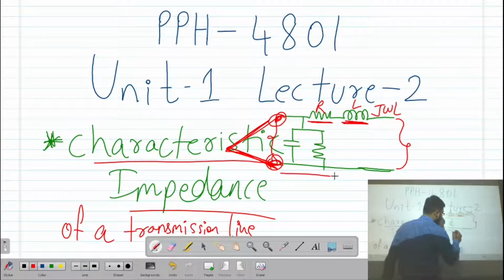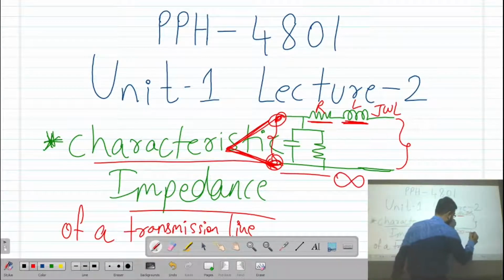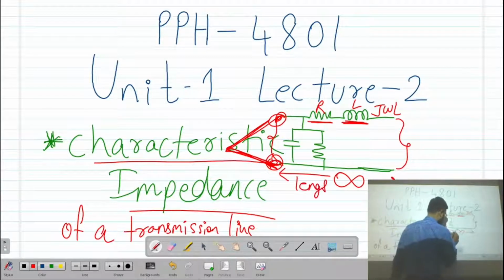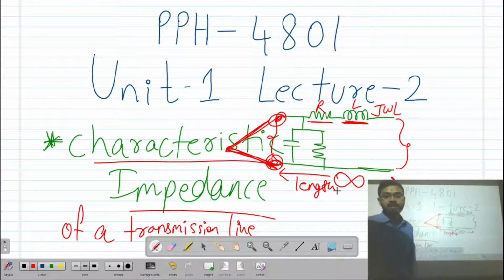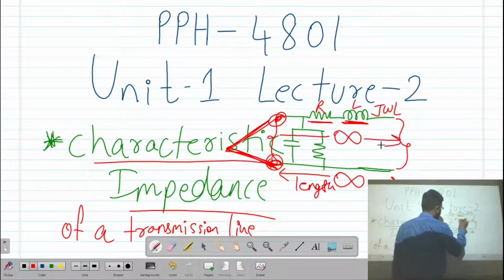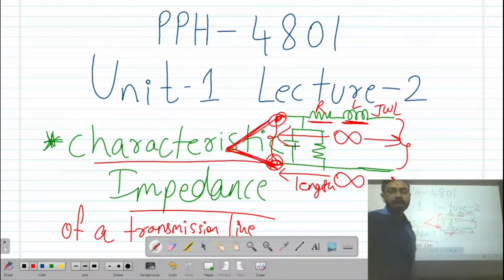When this length is infinite, and we measure the impedance over these two terminals, over here and over here, then that is known as characteristic impedance.